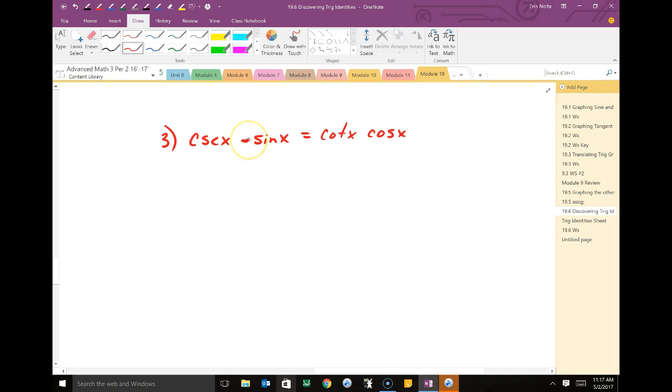So what is cosecant the same as? Using its reciprocal identity, cosecant is 1 over sine.